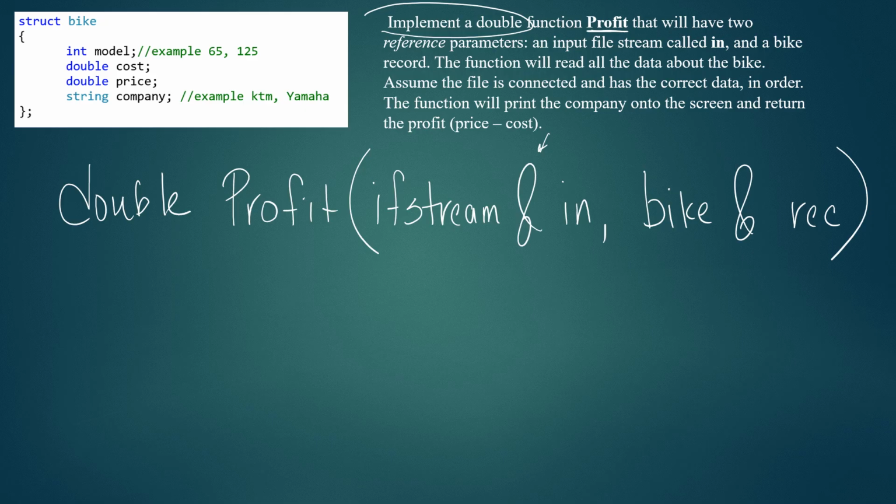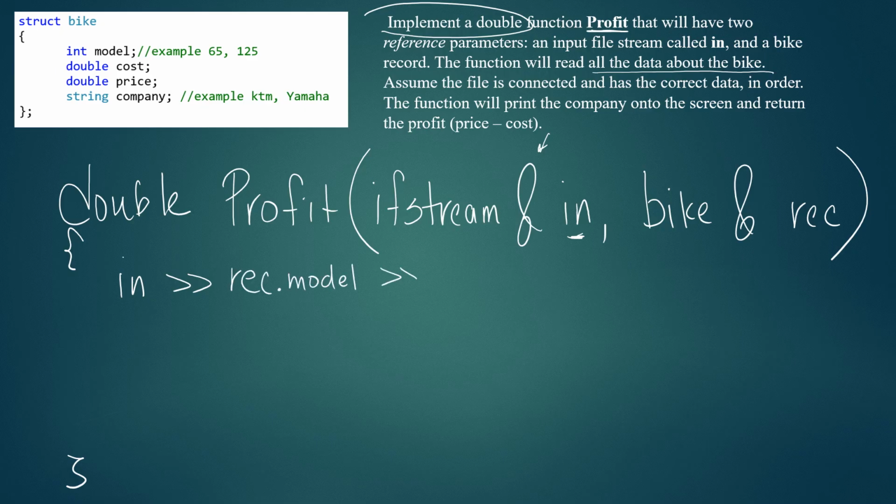So now what are we going to do? We just need to read what it's going to do. It's going to read all the data about a bike from the file. So you're going to assume that the file has the data and it's in order: model, cost, price, and company. We're already connected to the file, so we just read into rec.model.